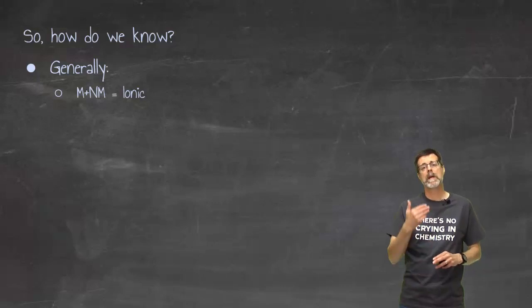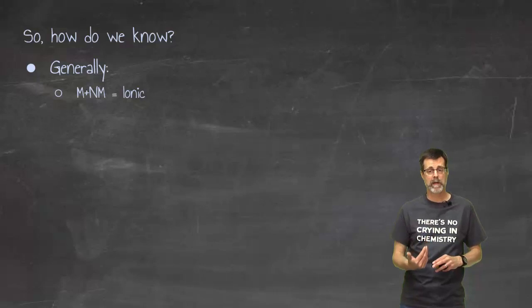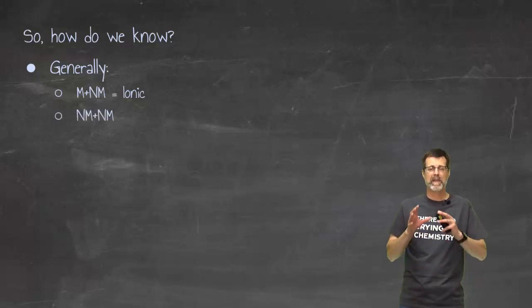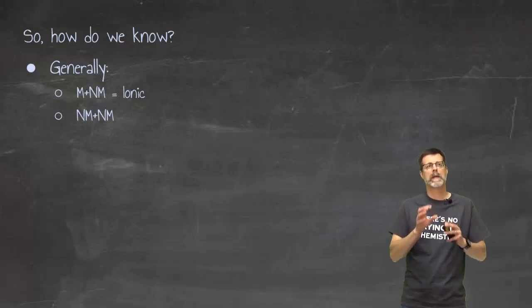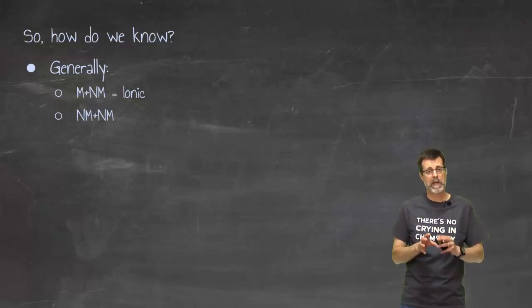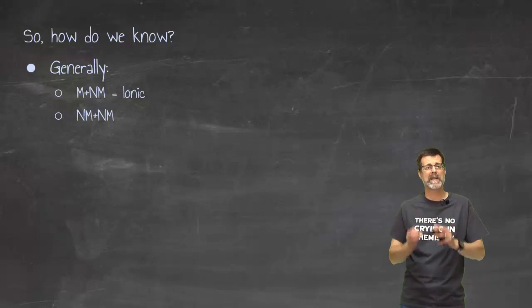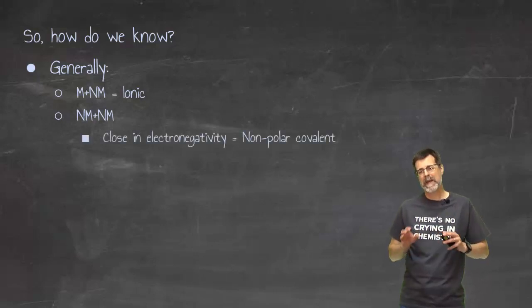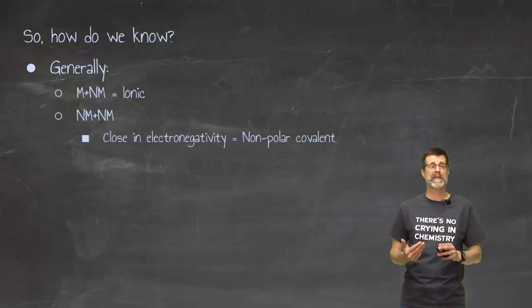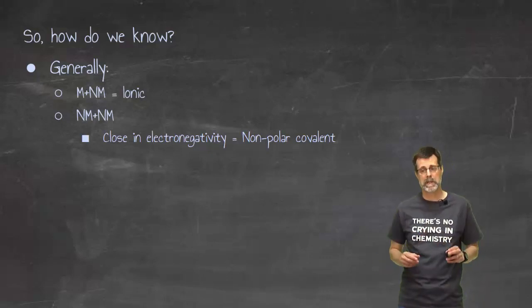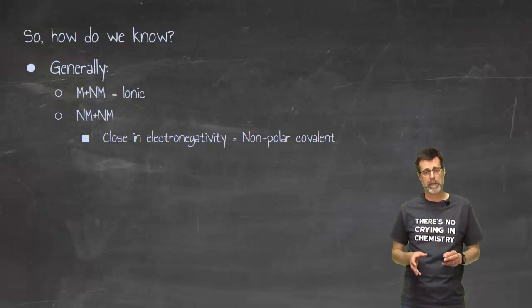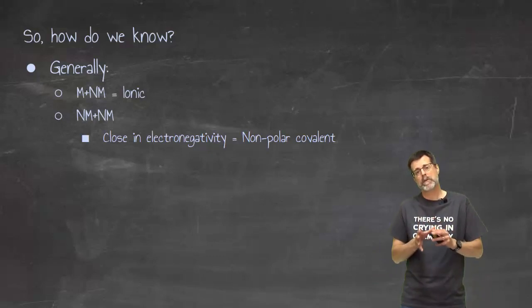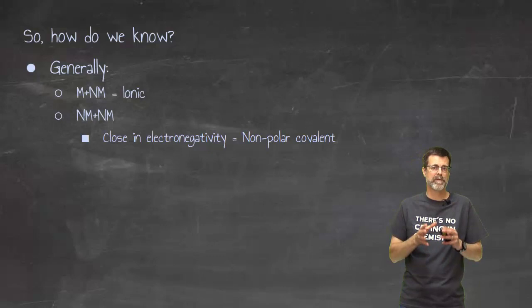Now for us, we're going to take any metal-nonmetal compound as being ionic. And the reality is it's a little bit more complicated than that, but we're not going to get into the levels of complication, and we're not going to worry too much about it. So for us, metal-nonmetal is ionic. Any nonmetal-nonmetal, now we have to dig a little bit deeper. If they are close in electronegativity, which means on the periodic table, are they close together, then they're going to be fairly nonpolar.